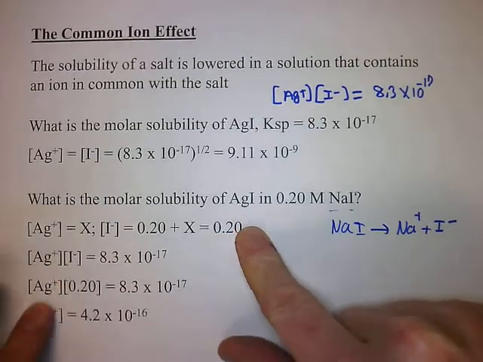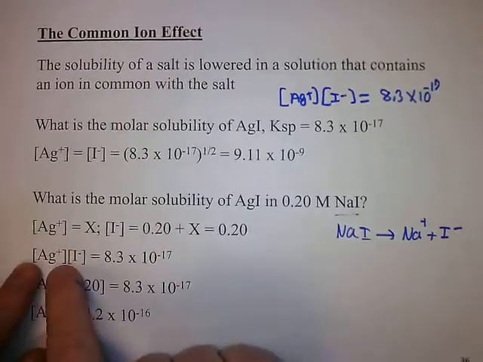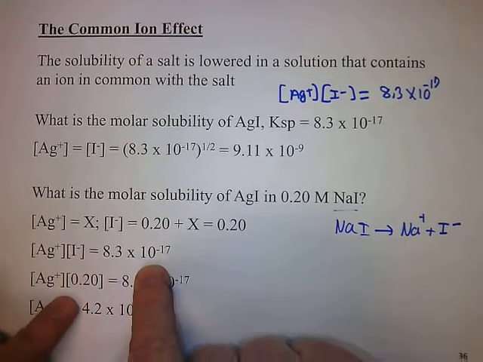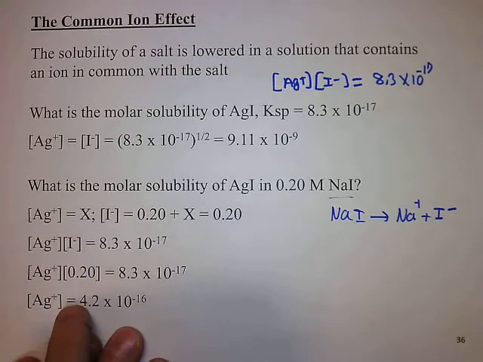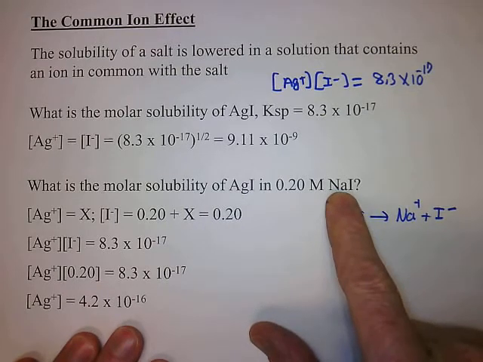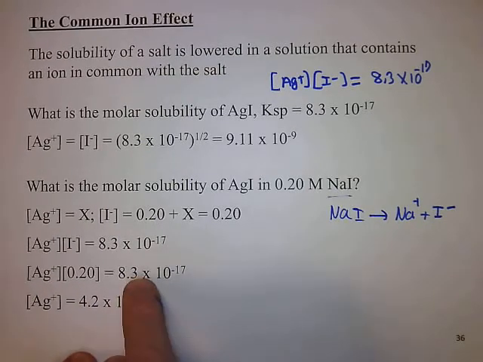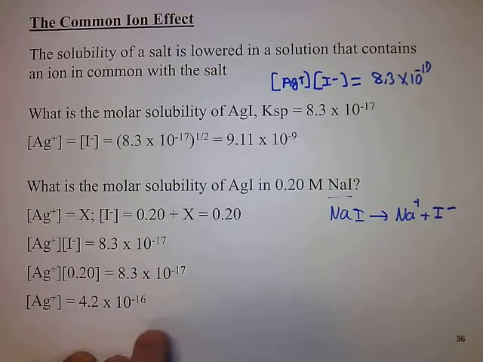Okay, so we know the product of our ions, silver ion times iodide, is 8.3 times 10 to the minus 17, but we're assuming that the iodide is 0.2 from the sodium iodide. So simply solve this for silver: 8.3 times 10 to the minus 17th divided by 0.2, and you get 4.2 times 10 to the minus 16th.